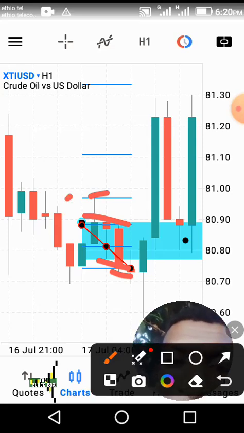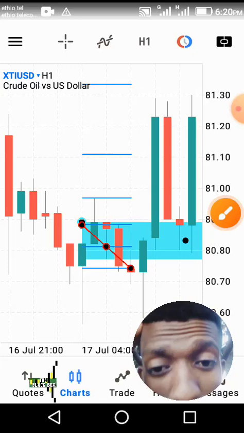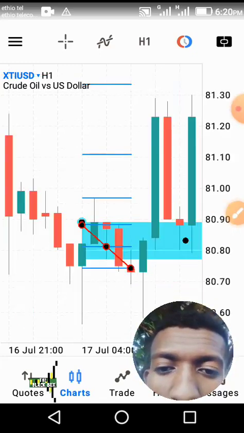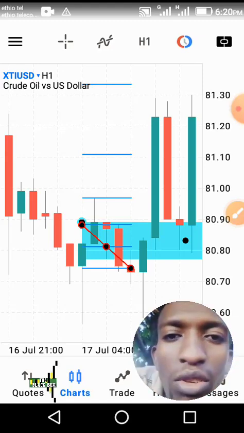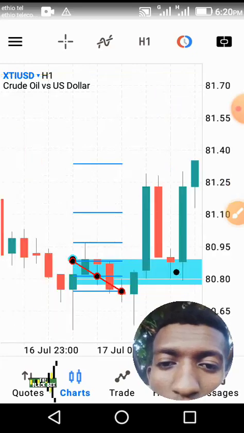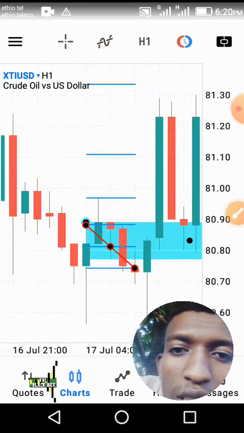So this will be TP1, this will be TP2, this will be TP3. The Fibonacci is TP3. You only need the Fibonacci extension and the rectangle. You don't need anything more. That's it. As you can see, nearly TP3 hit.